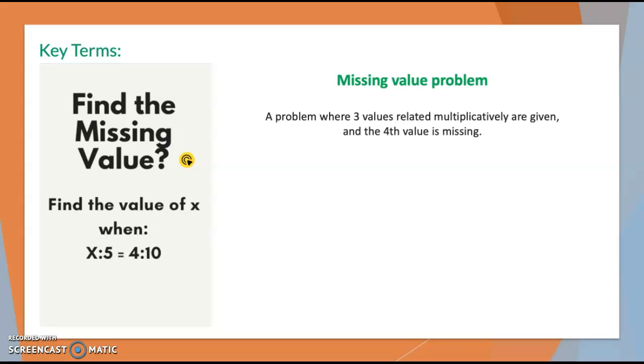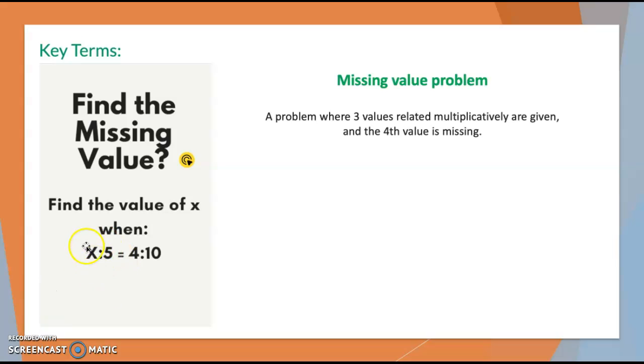Next key term, find the missing value. Missing value problem is a problem where 3 values related multiplicatively are given and a 4th value is missing. Find the value of x when x over 5 equals 4 over 10.